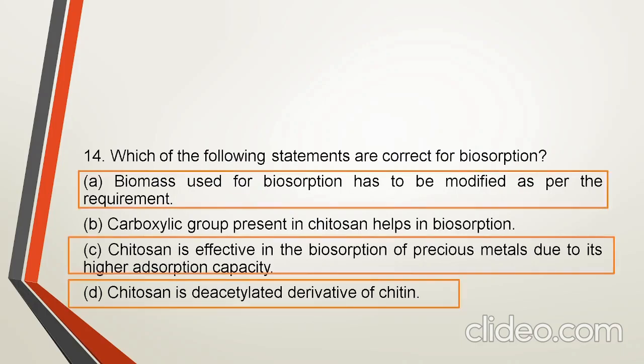Yes, ma'am. So this has 3 statements as correct. Biomass is used for biosorption, and chitosan is an effective biosorbent of precious metals because of its higher adsorption capacity, and it's a derivative of chitin.